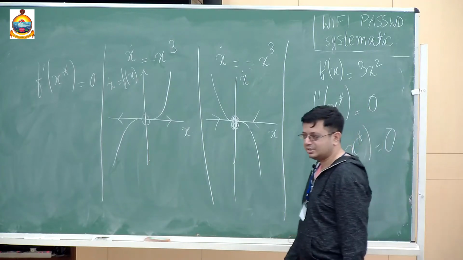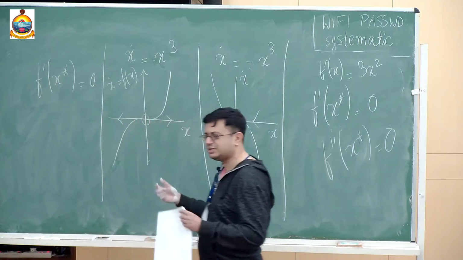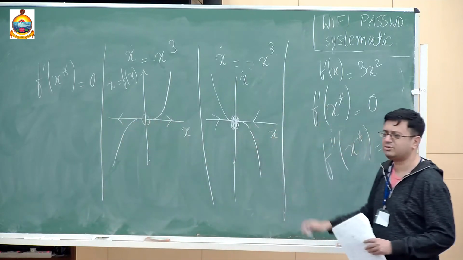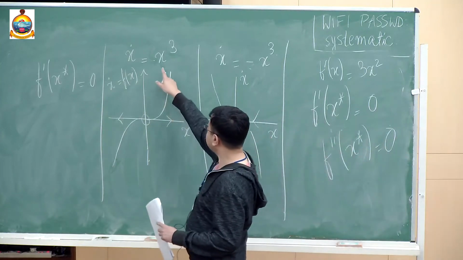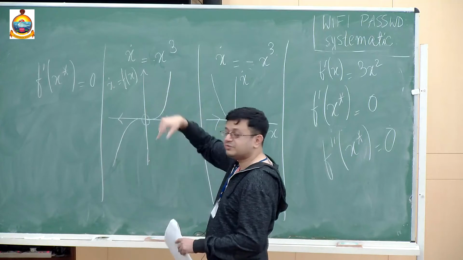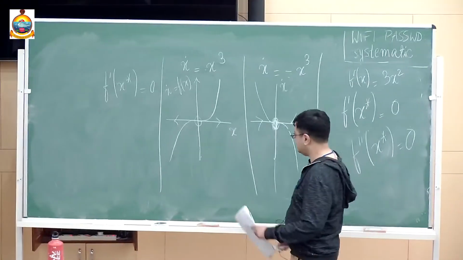So linearization doesn't work. Yet I can gather some information about where the system is going to get to by drawing these simple curves. Linearization would have worked if this were a function for which f prime of x is not equal to 0.